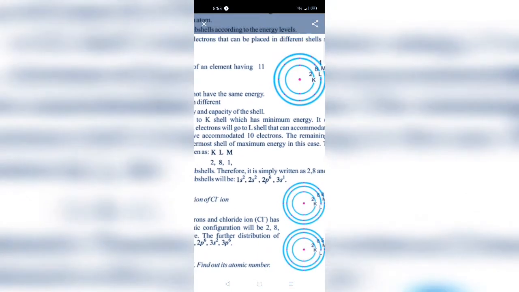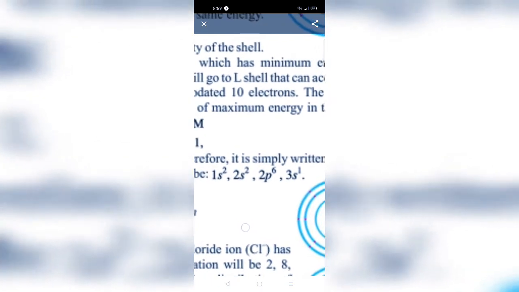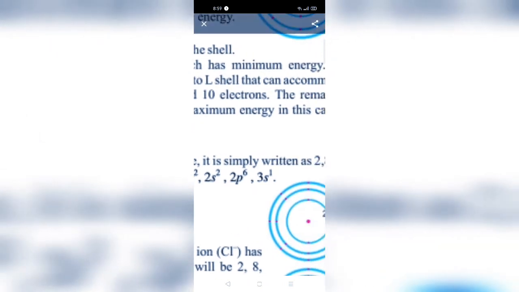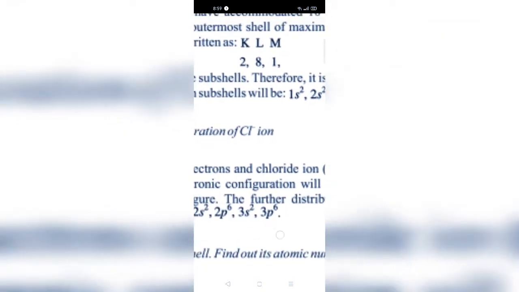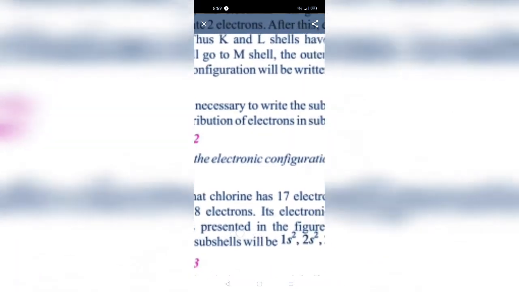If we write the electronic configuration according to subshells, we write 1s2, 2s2, 2p6, 3s1. 1s2 and 2s2 contain 4, and p contains 6, total 10, and the eleventh will go to the third shell, 3s1.